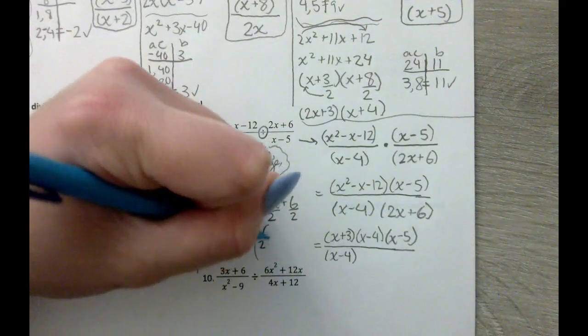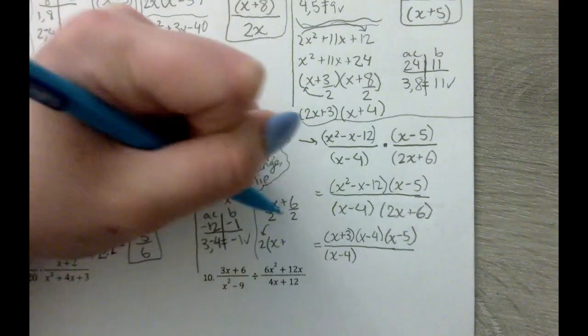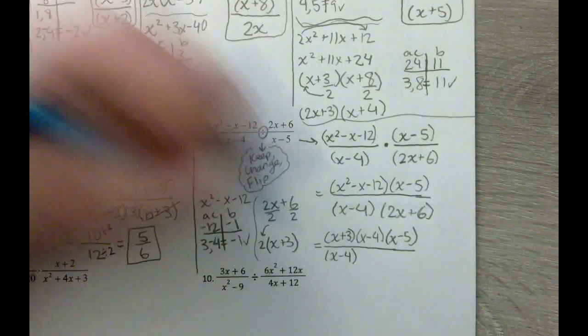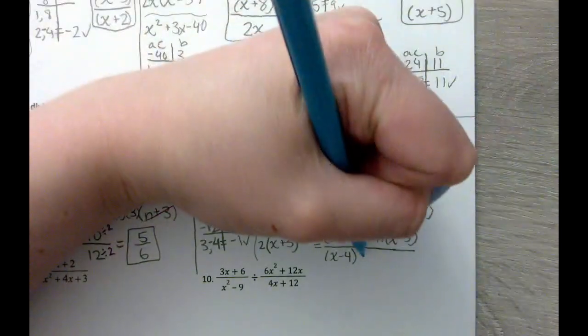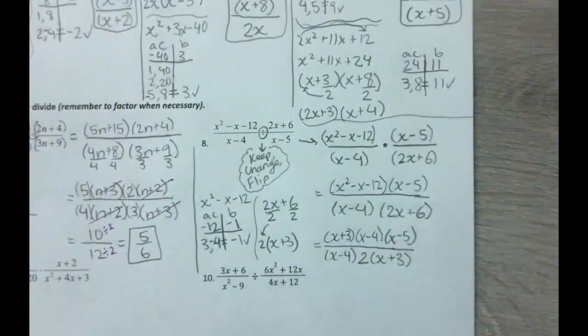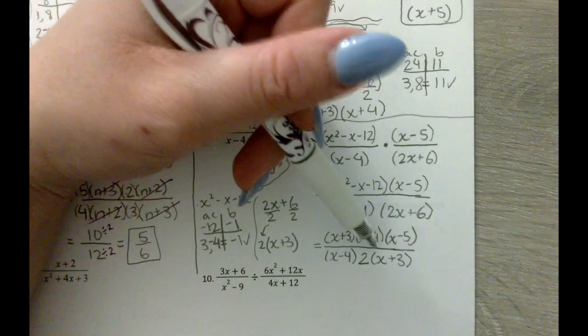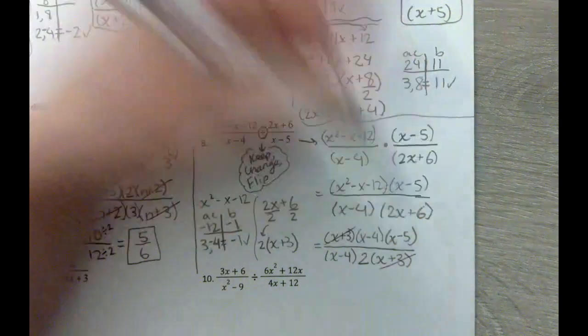2 comes out, it doesn't disappear. 2's cancel, we have 2x divided by 2 is x, plus 6 divided by 2 is 3. So now we have 2 times x plus 3. Now we can cancel. X plus 3 on top and x plus 3 on bottom, those cancel out.